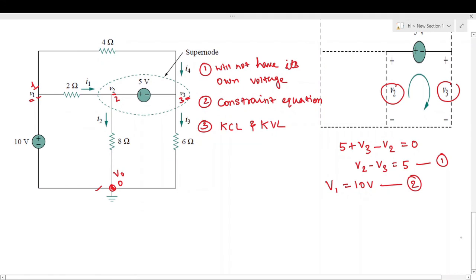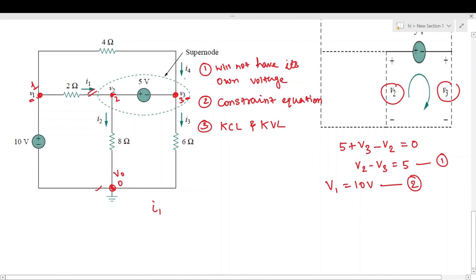Now we will apply the KCL to node 1 and node 2 and node 3, but in place of applying it to node 2 and node 3, we will consider it as a super node. So the incoming currents to the super node will be I1 plus I4.